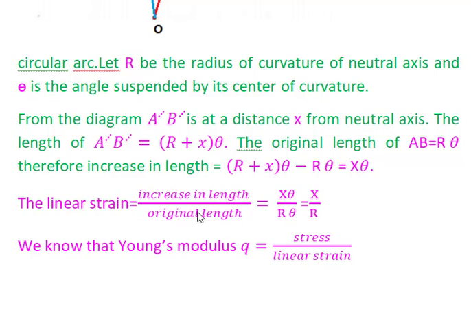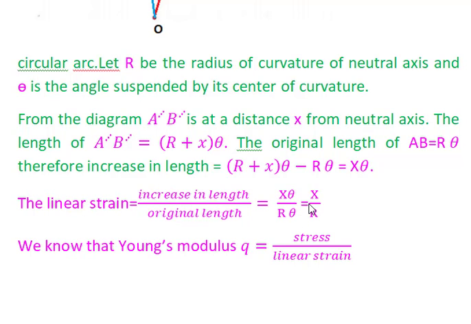We know already that the linear strain is the increase in length divided by the original length. The increase in length is x theta and the original length is R theta.